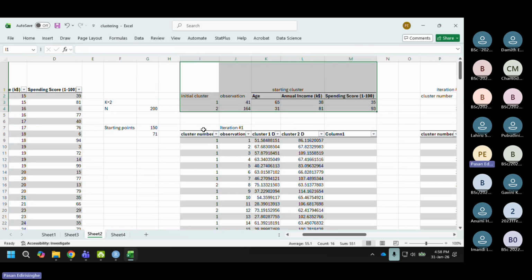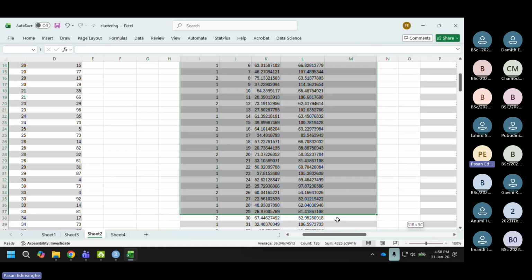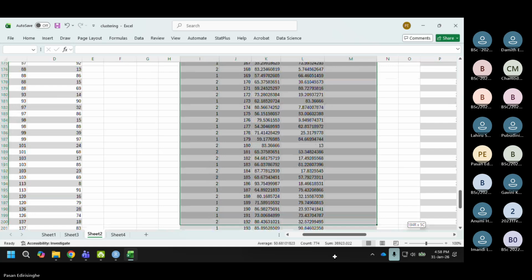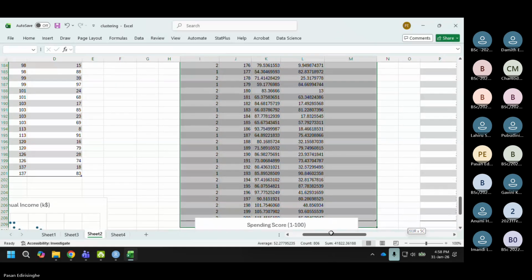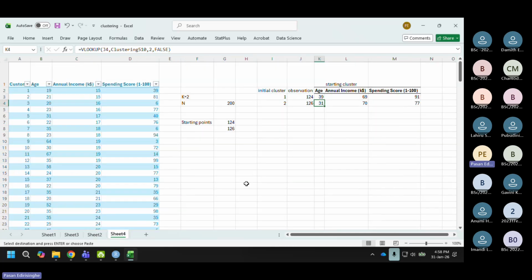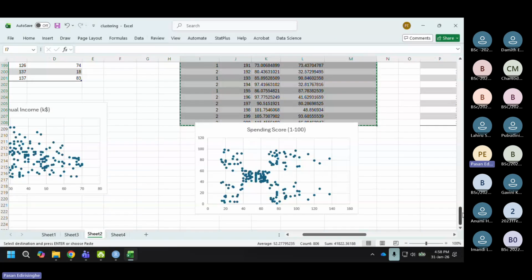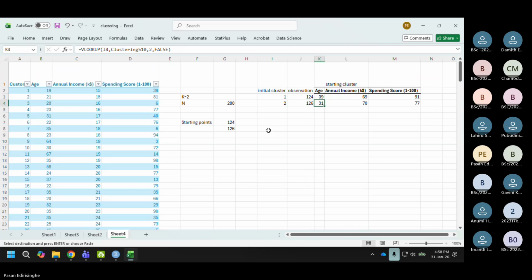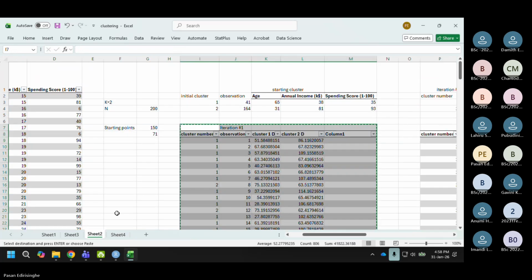Then I want to look at iteration one. So let me look at iteration one. I'll just go through iteration one and then I will stop.